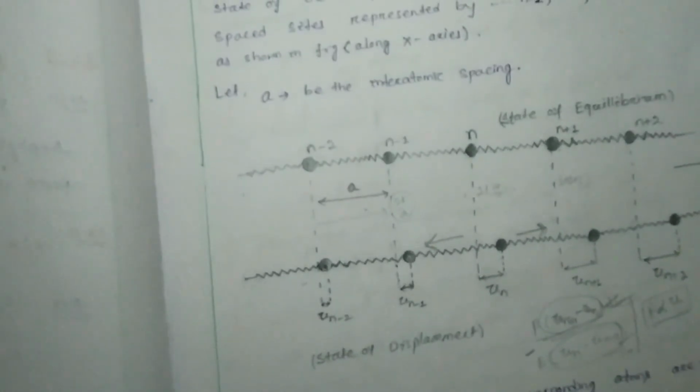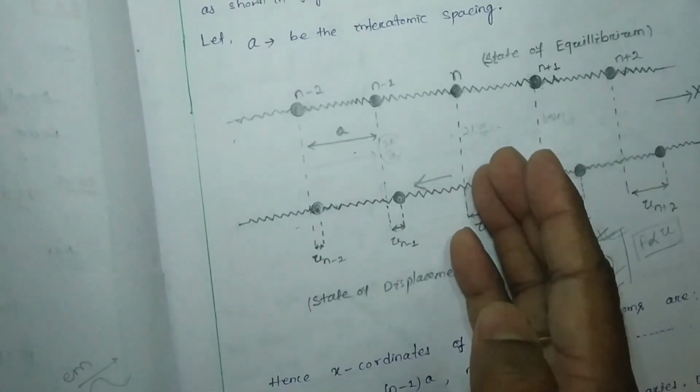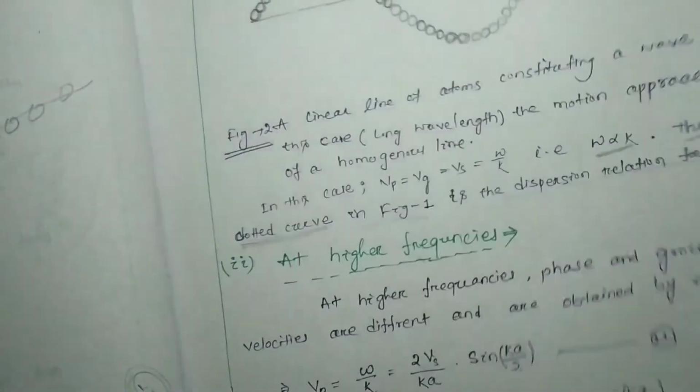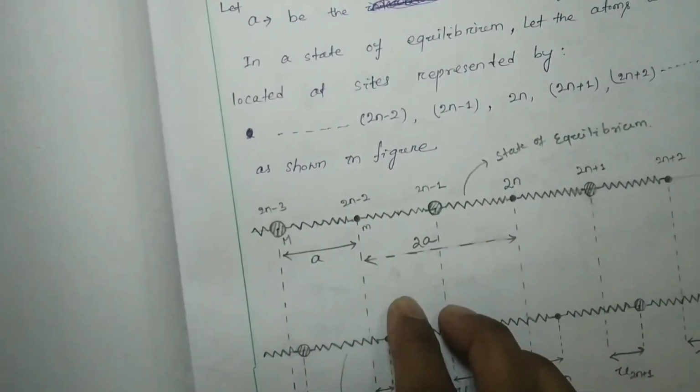The monoatomic lattice is attached with massless springs, so if one vibrates, it affects the next. If one atom is displaced, all the atoms are also displaced along with it. And also in your diatomic lattice, the same thing.